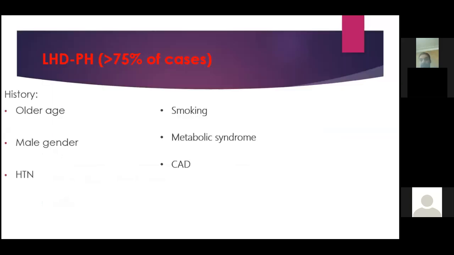You should remember that as cardiologists we are dealing with the most common causes of pulmonary hypertension. Pulmonary hypertension secondary to left heart disease constitutes about 75% of cases. You can suspect it if your patient is elderly, male, hypertensive, especially if he has risk factors such as smoking, metabolic syndrome, or coronary artery disease. So it's a good point to remember that left heart disease is the most common cause of pulmonary hypertension, and it's the first cause that you need to exclude in the algorithm of pulmonary hypertension.